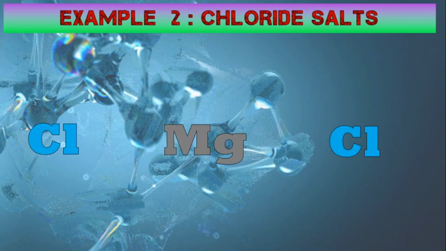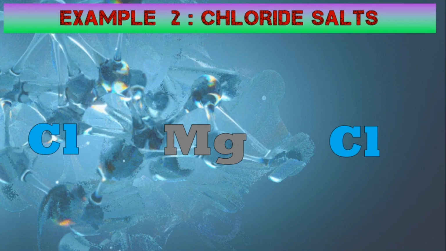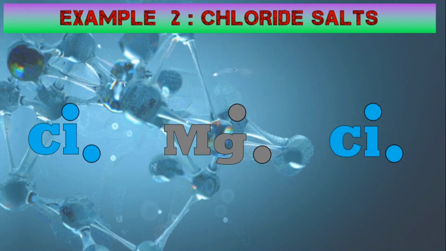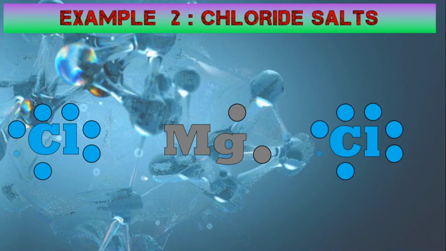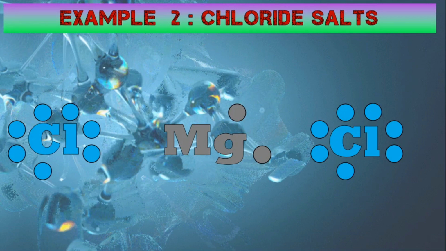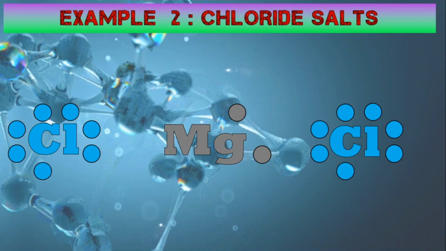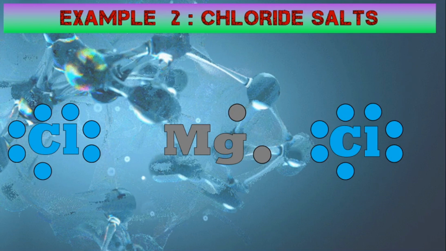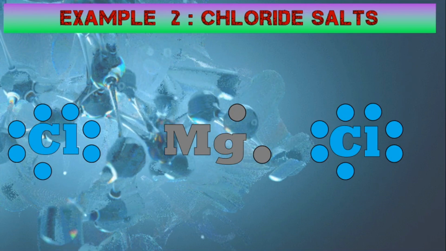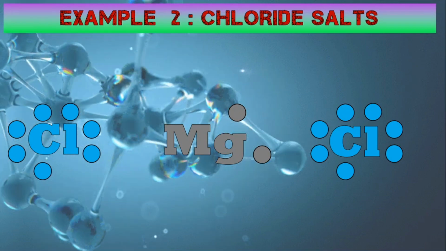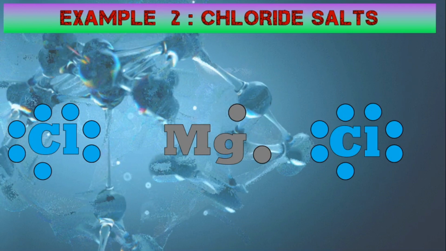Example 2 is magnesium chloride. So, we are going to make the Lewis structure of the elements involved.